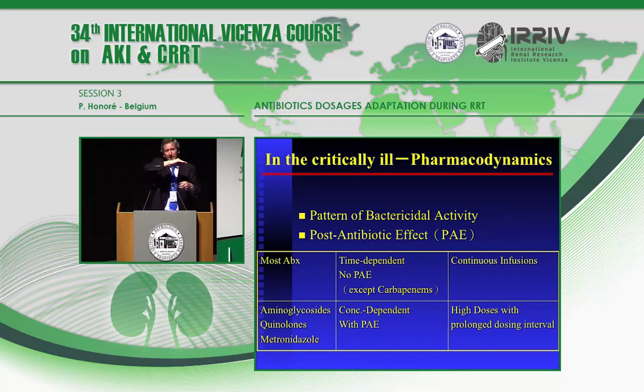So the time in 1 day, over 24 hours, above the MIC is very, very low. Whereas if you do the same dose, but by continuous infusion, so you avoid a peak, you have much less removal, then you will achieve much better time over the MIC in 24 hours. So whenever you have time-dependent antibiotics, please, whenever possible, go to continuous infusion.